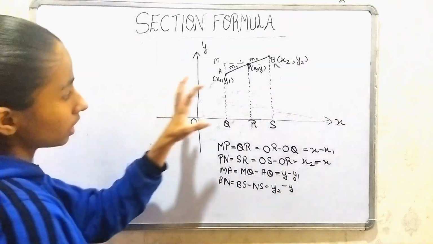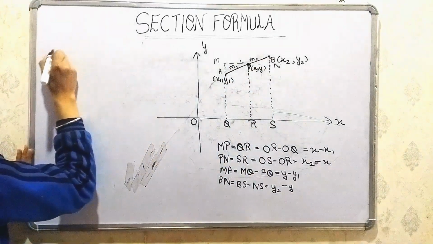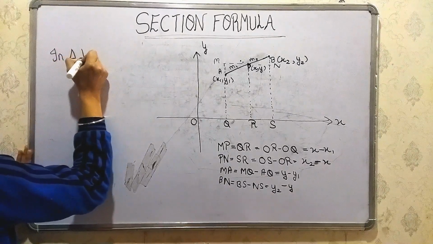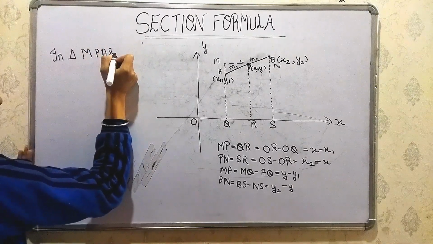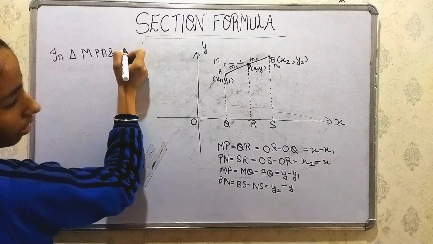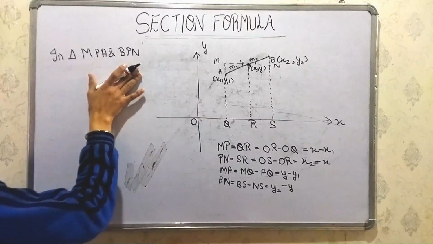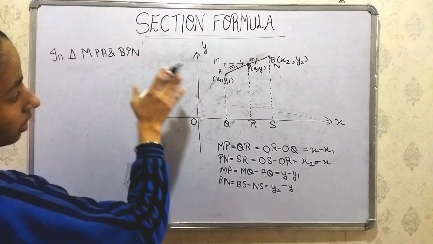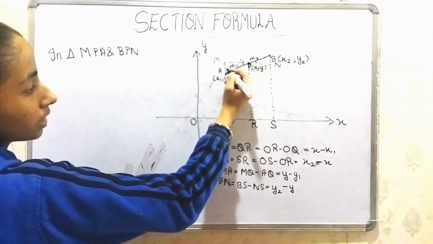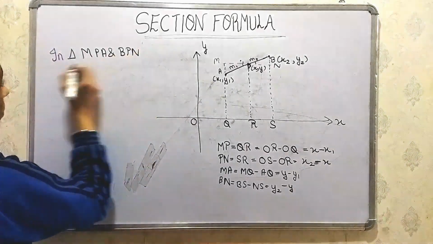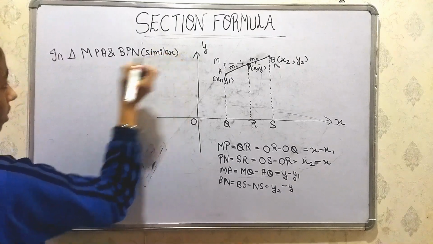So now seeing in triangle MPA and BPN, we can see that both triangles are similar triangles, by vertically opposite angles and the alternate angles.